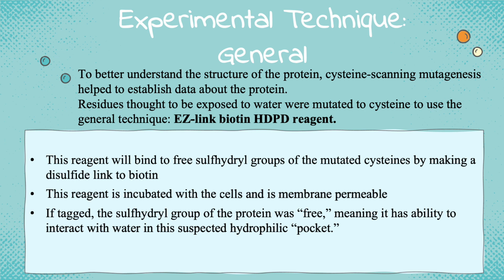And if they are labeled, then we know that those sulfhydryl groups are free and therefore can interact with water, and they're not interacting with a different part of the protein or something like that. So they essentially chose some residues that they thought would possibly be involved in this pocket within the protein that can hold water.